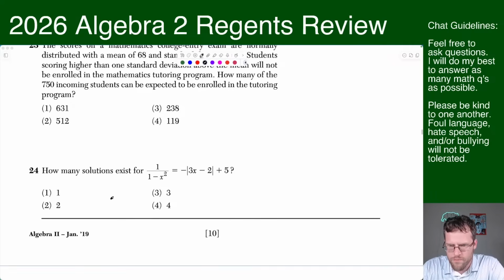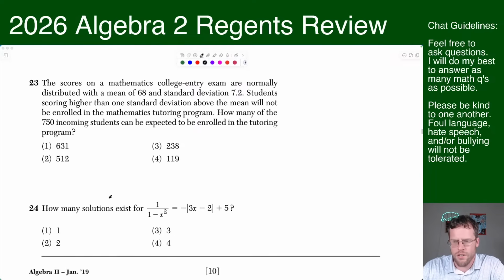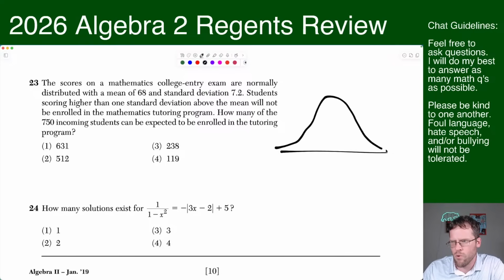Moving on. So question 23. The scores on a mathematics college entry exam are normally distributed with a mean of 68 and standard deviation 7.2. This one helps to be able to draw out. I think on the new one, you do have to be able to draw this to some extent, or the concepts help more than just the formulas.